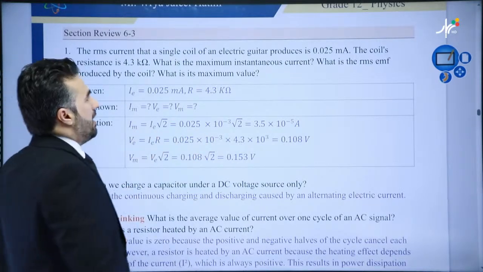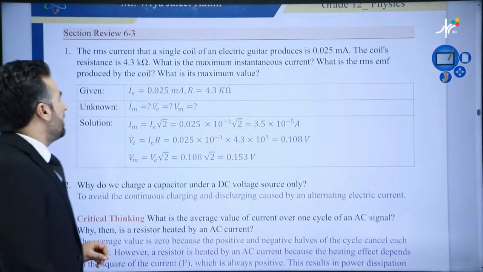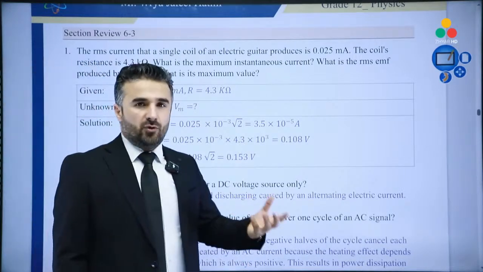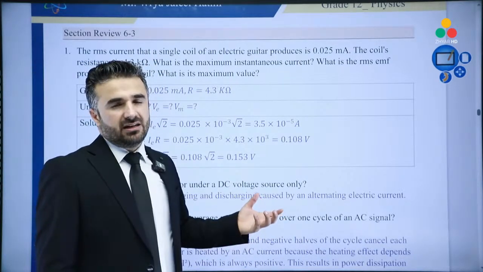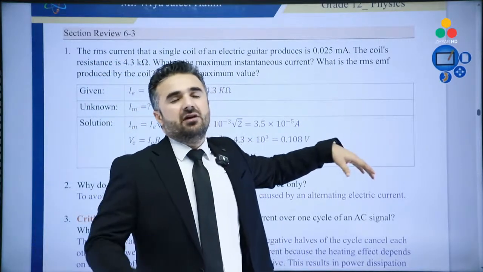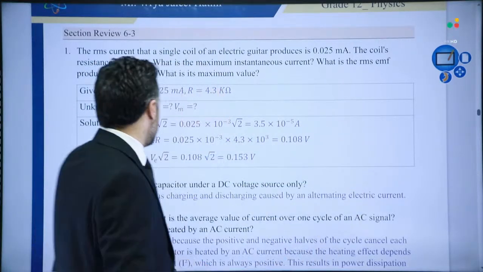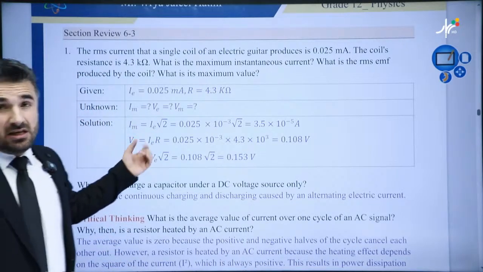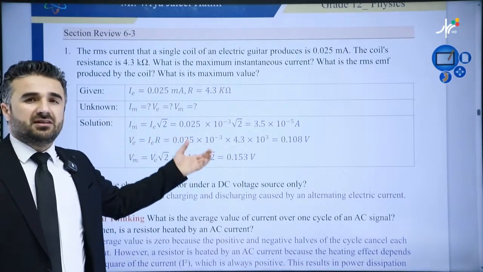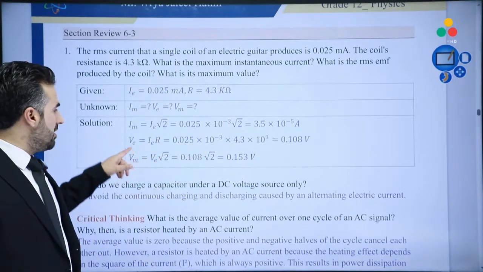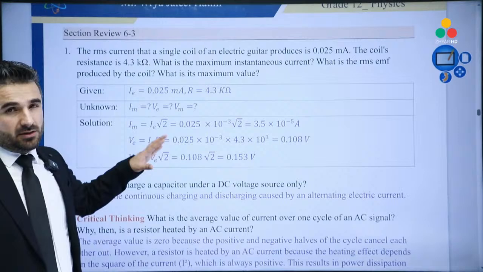The second part asks: what is the root mean square electromotive force produced by the coil, the effective voltage? We have I effective and the resistance, so can I find V effective? Absolutely. Remember, if it is effective, we have to use the effective value; if it is maximum, we use the maximum value. We cannot mix effective and maximum, so be careful.